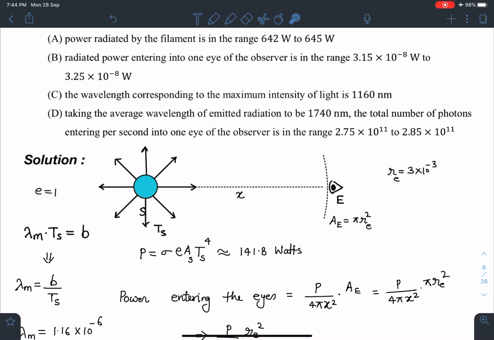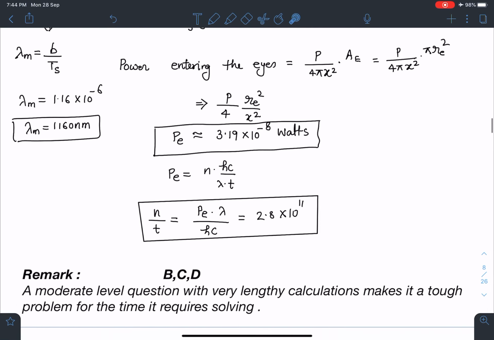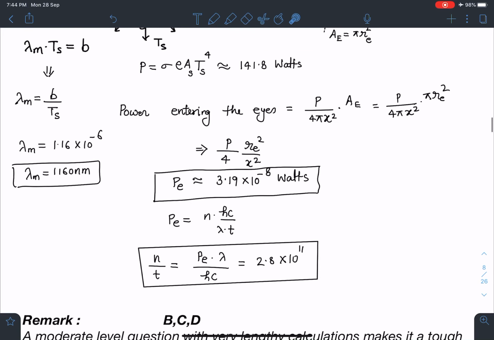They told us the average wavelength of radiation is approximately 1714 nanometer. So I can say that this power which is entering into the human eye, I can write as n into hc by lambda.